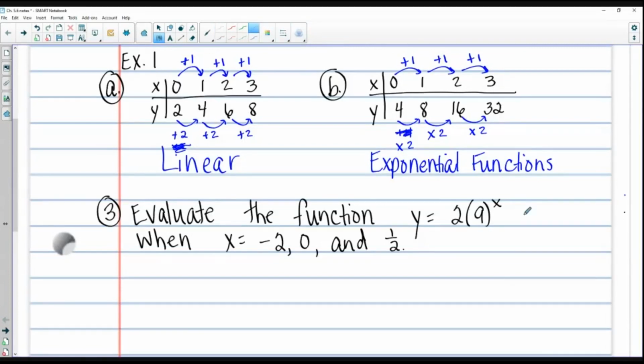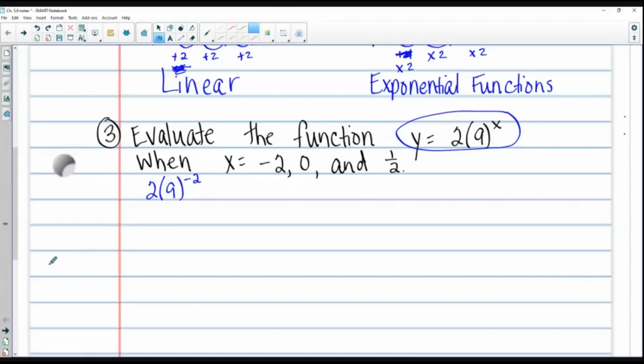It's an exponential function, and the way we know it's an exponential function right here is it is in the form of y equals ab to the x power. So I wrote in blue 2 times 9 to the -2nd power.